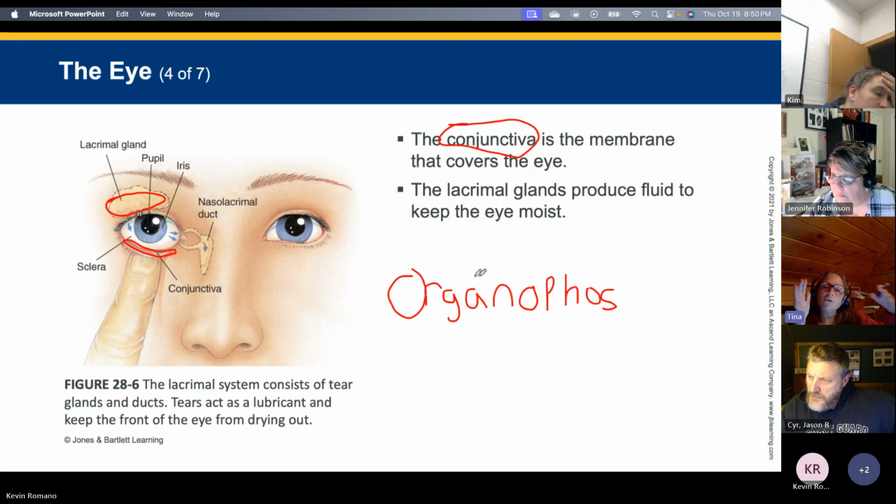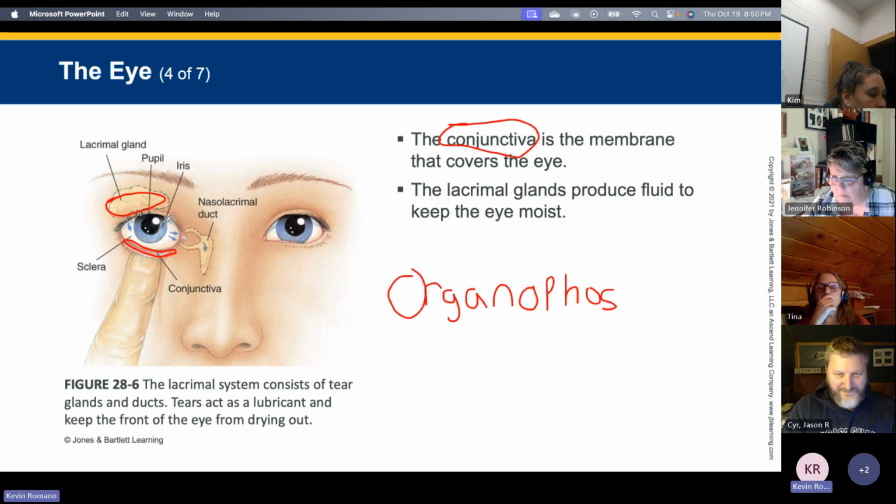You look for either DUMBBELS or SLUDGE: salivation, lacrimation, urination, defecation, emesis, miosis. Again, toxidromes, things you guys really need to remember.